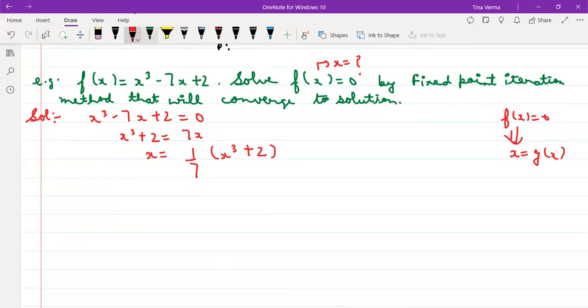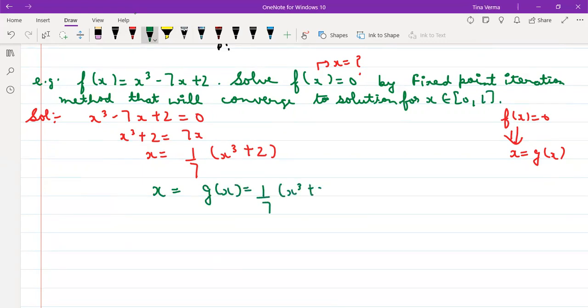Suppose the interval given to you is x belonging to 0 to 1. So now this is your x, this is your g(x). g(x) is 1 by 7 times (x cube plus 2). So you have to check that if x belongs to 0 to 1, then g(x) should also belong to the same interval 0 to 1.